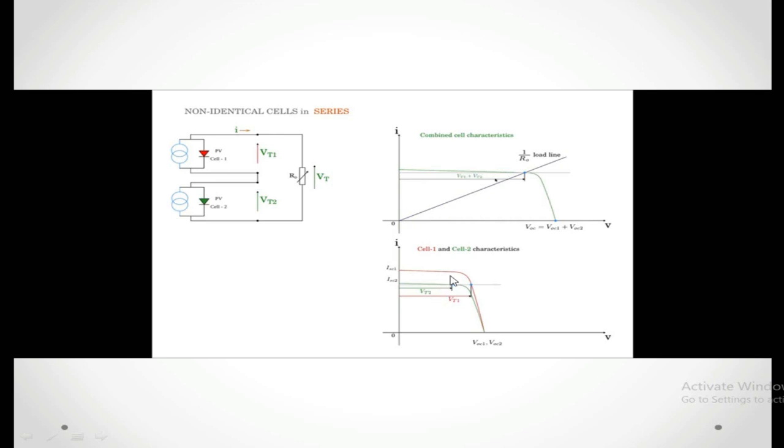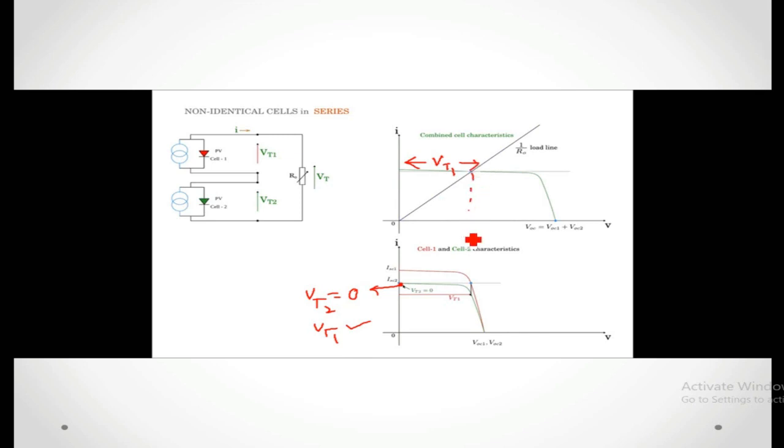Now if I further reduce R0, the load line will shift towards the I axis. At this point you can see VT1 has some magnitude, but VT2 is 0 due to its characteristics. VT2 is completely 0, but VT1 has some value. So the combined characteristics will have effective VT1 only.